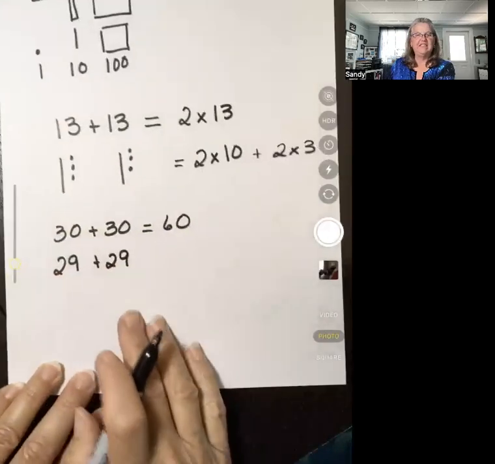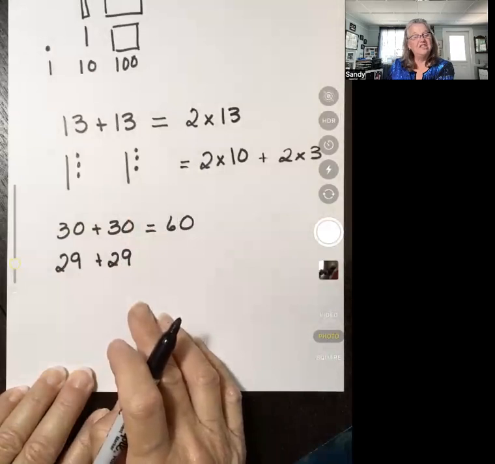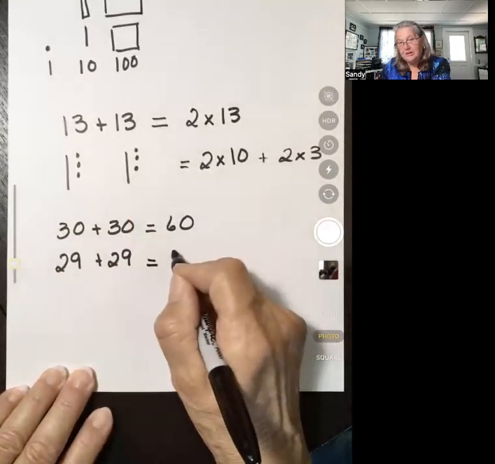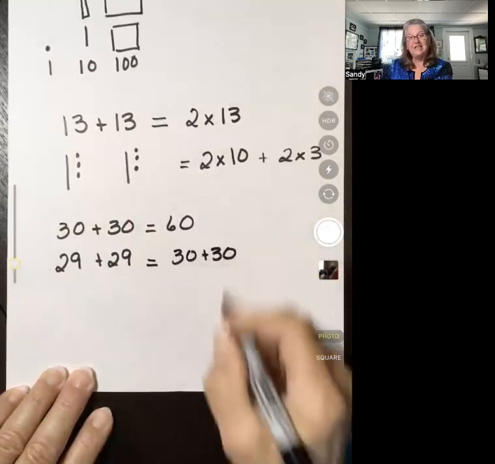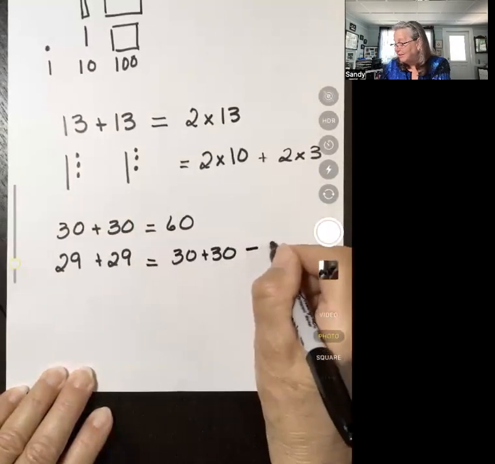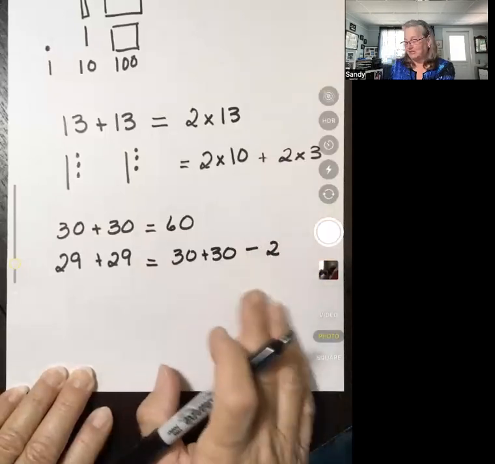I would have immediately gone to paper and pencil, but can't I use this to get this? What is this going to be? Well, it's double 30 minus 2, right? Minus that 2 I'm adjusting. Now, this is also a distributive property.